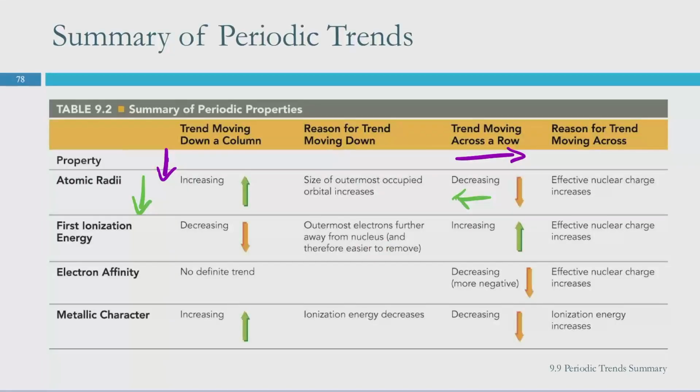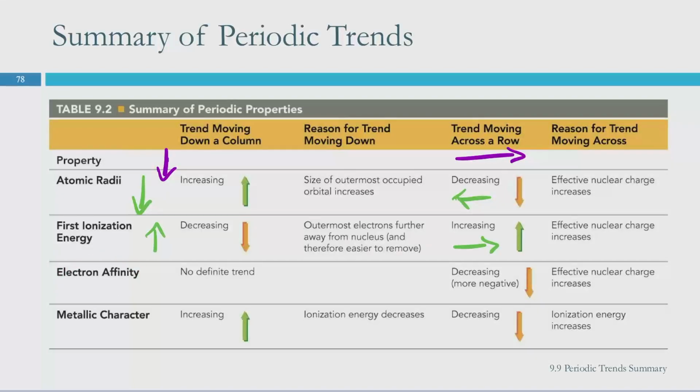So ionization energy increases as you move up because the atomic size decreases. The electrons are closer to the nucleus. For first ionization energy, it also increases as you move left to right, and this is because of effective nuclear charge increasing.